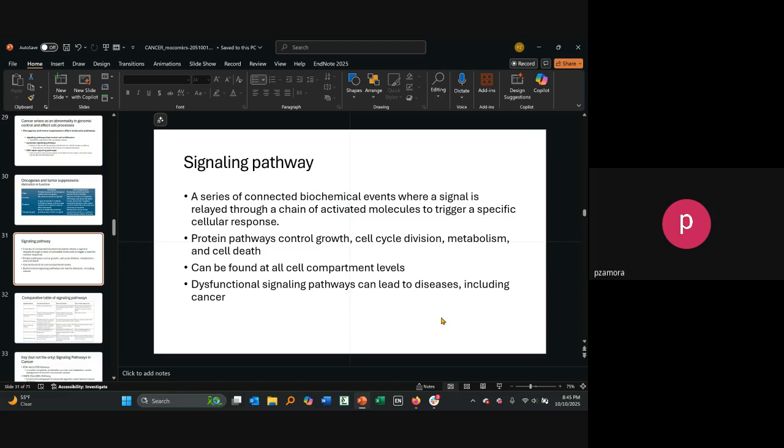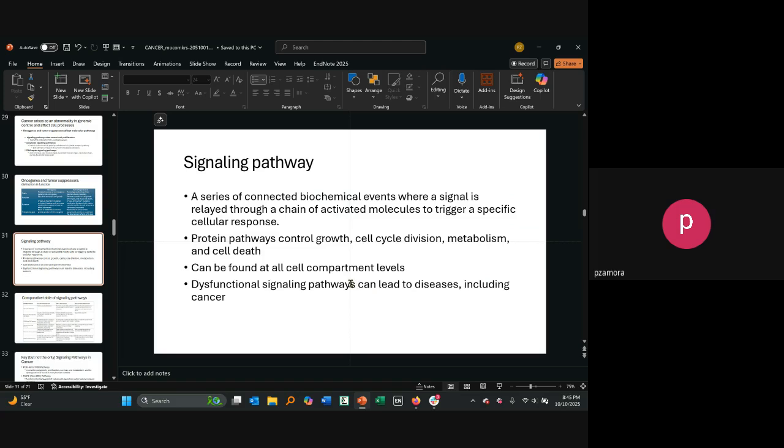Okay. So tumor suppressors and oncogenes act as part of signaling pathways. Well, what's a signaling pathway? That is a series of connected biochemical events where you have a signal that is relayed through a chain of activated molecules to trigger a specific cellular response. That was a long sentence.